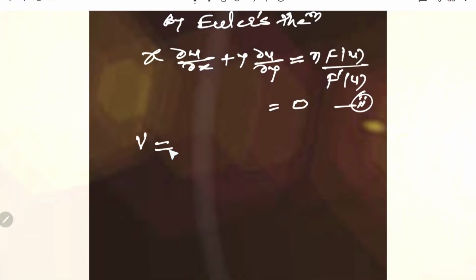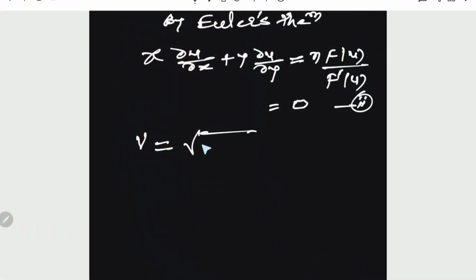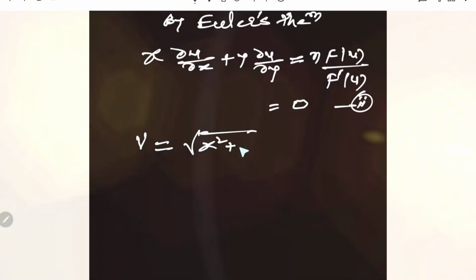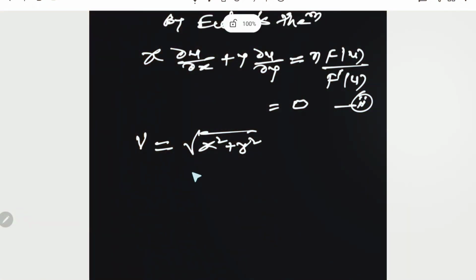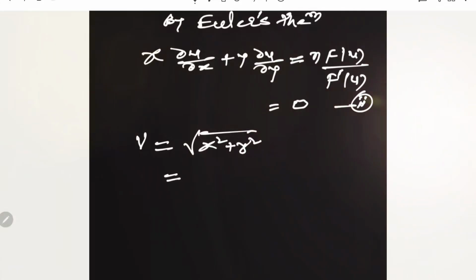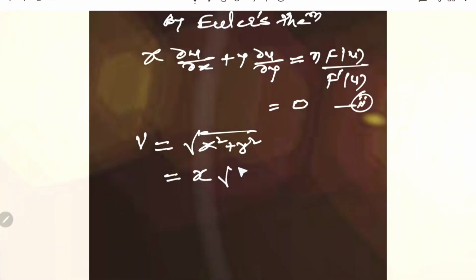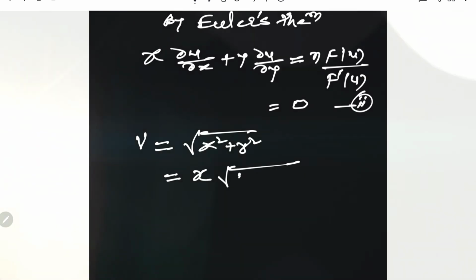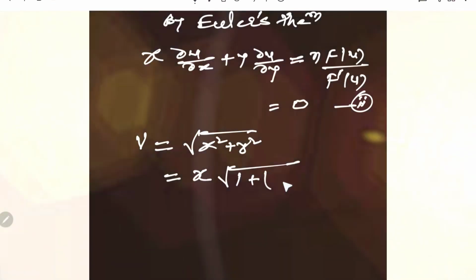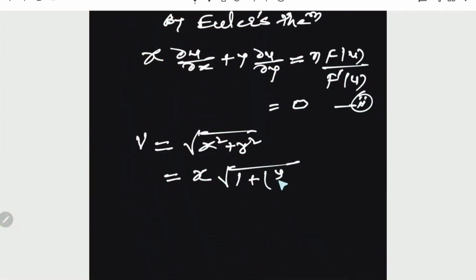The second function is v. It is the root of x square plus y square. It is nothing but taking x square common from this. Square root of x square is x, square root of 1 plus y square by x square, nothing but y by x whole square.